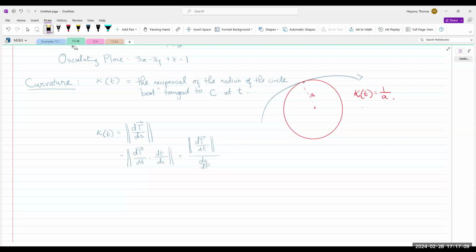Now you will see that ds/dt is the change of distance traveled over time, which, if you go back to the earlier discussion of 13.3, is basically the magnitude of r prime t.